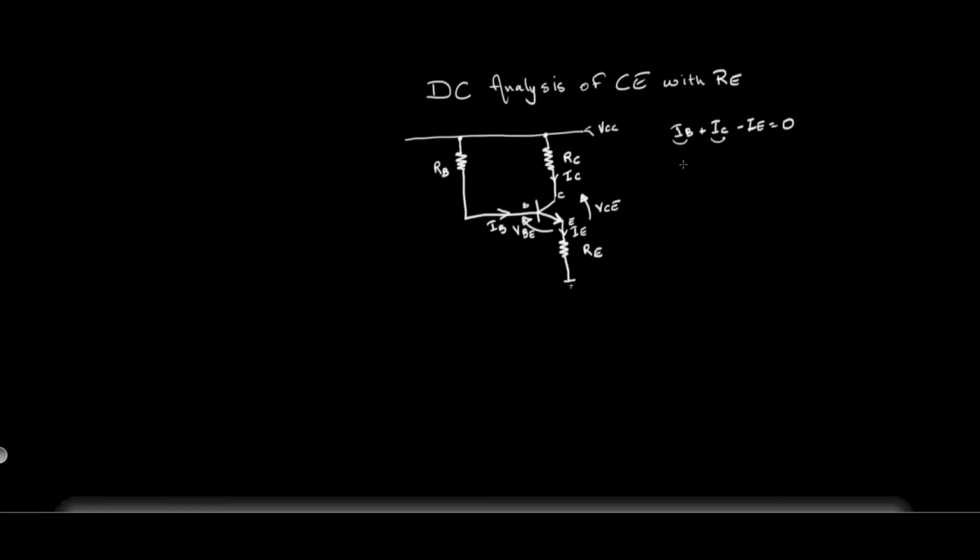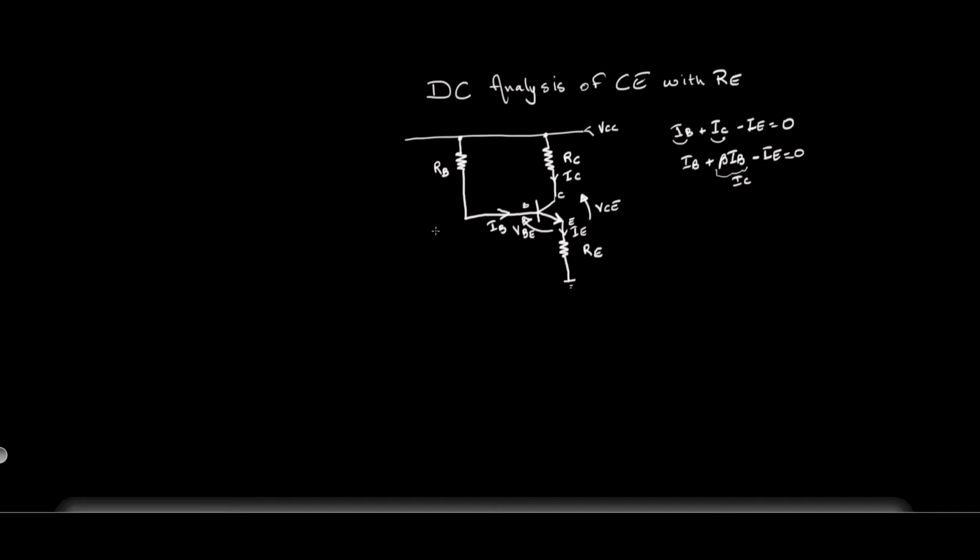We know that, for example, IB plus beta IB minus IE would be equal to 0. And that is because this is IC, okay? Just in case we need it later on if we're doing any current-based analysis. So let's keep that in mind, but let's focus on the voltage.